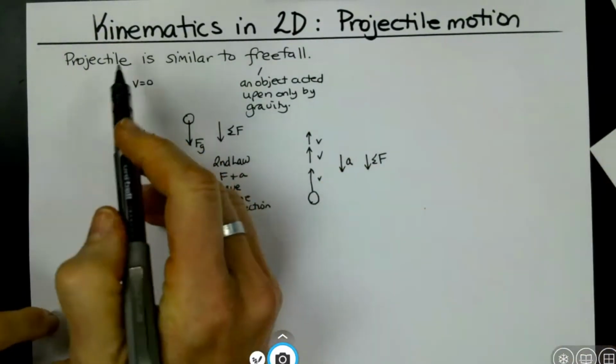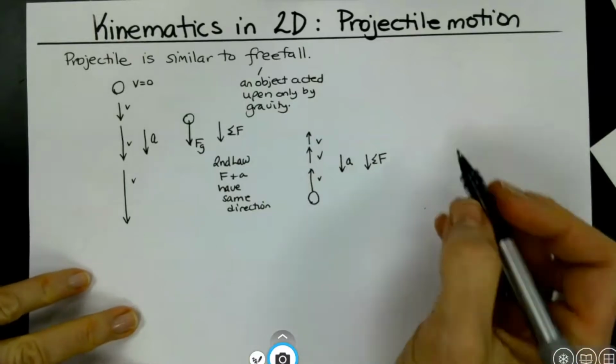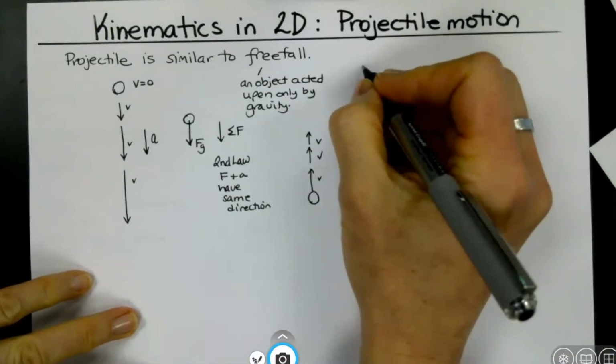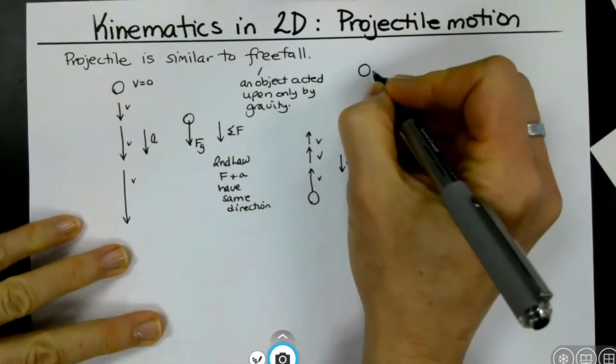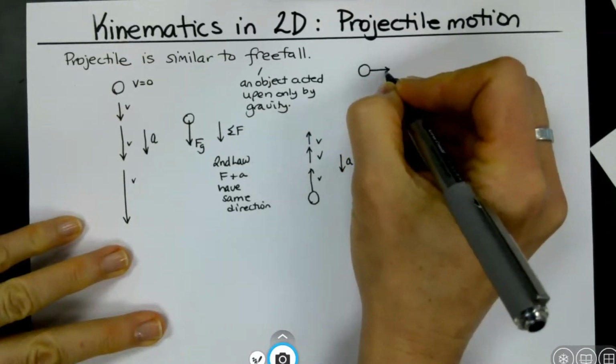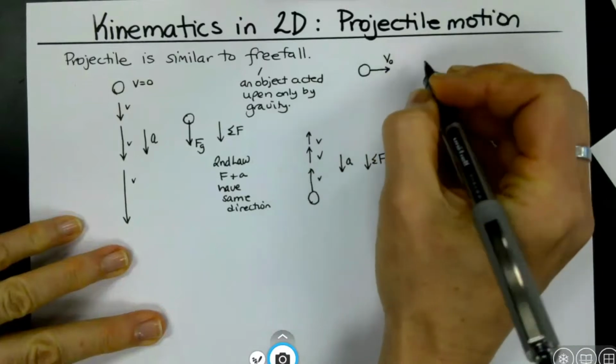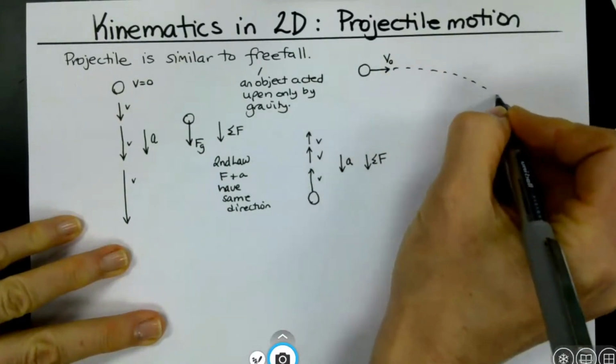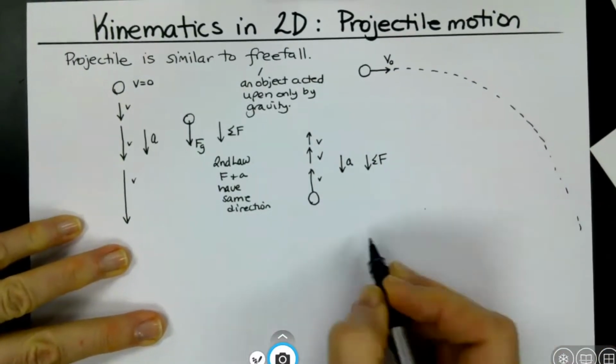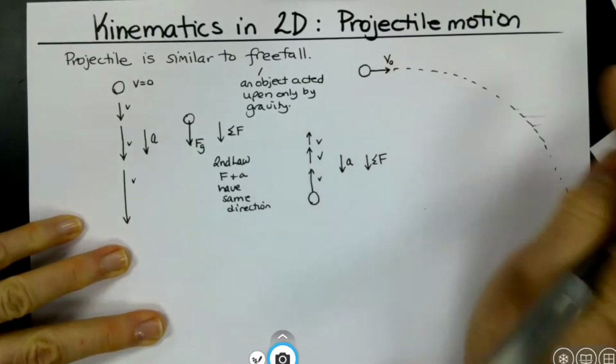Well, what's the difference between a projectile and a freely falling object? A projectile is given an initial speed horizontally, and then it falls while it's moving to the side. Now, why does it move to the side?